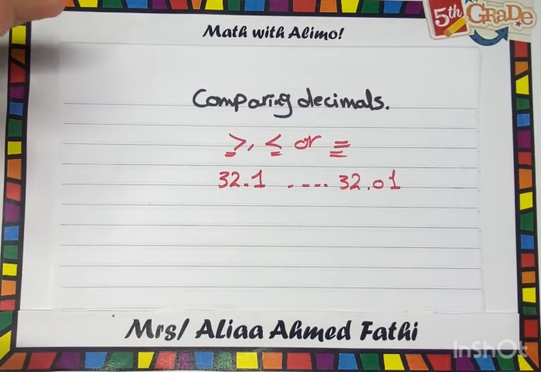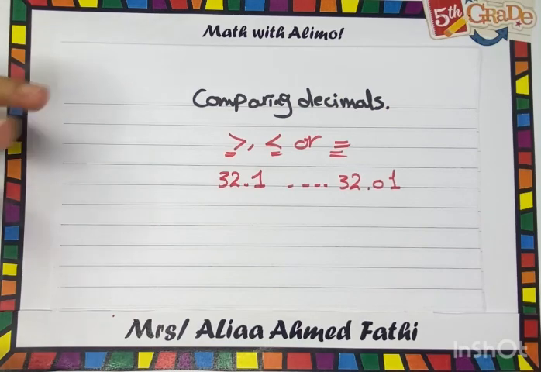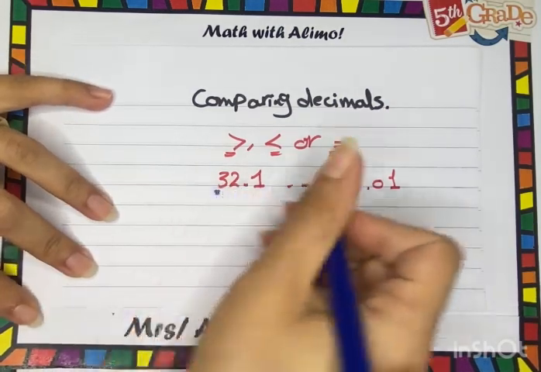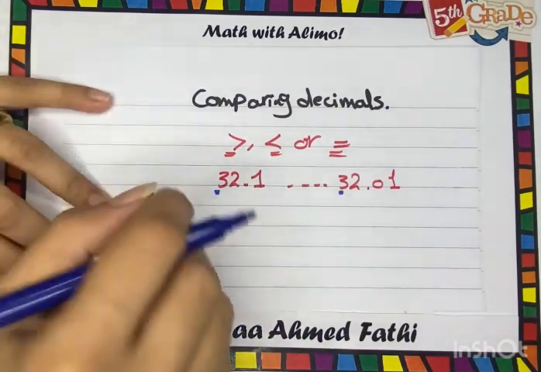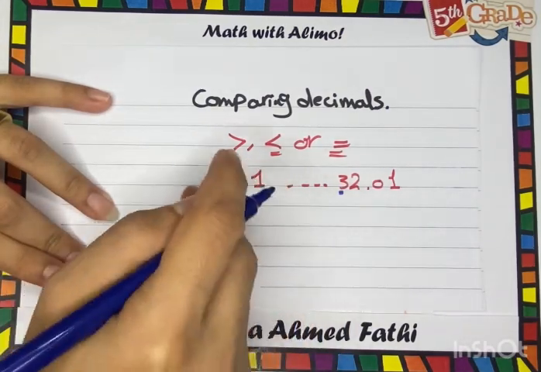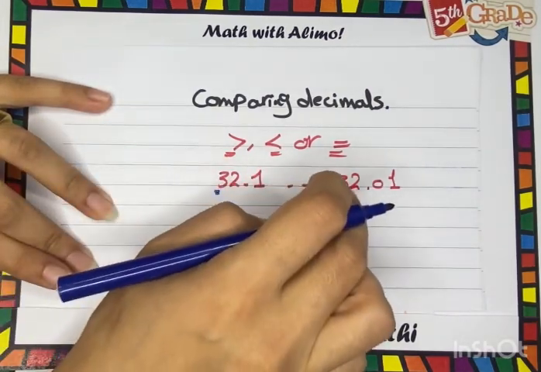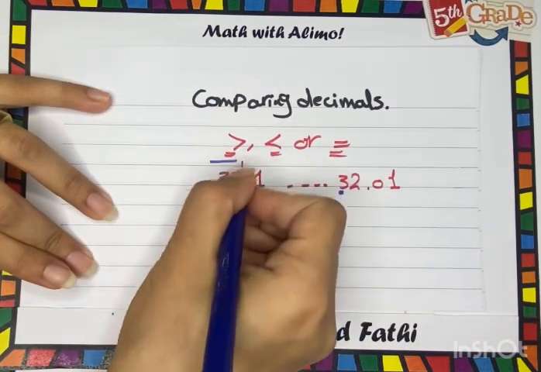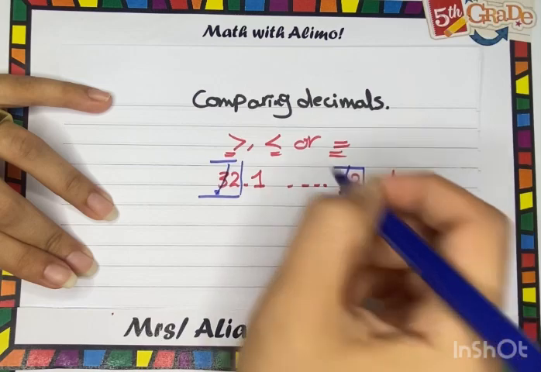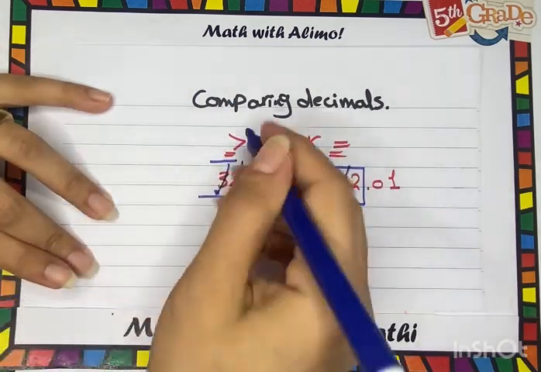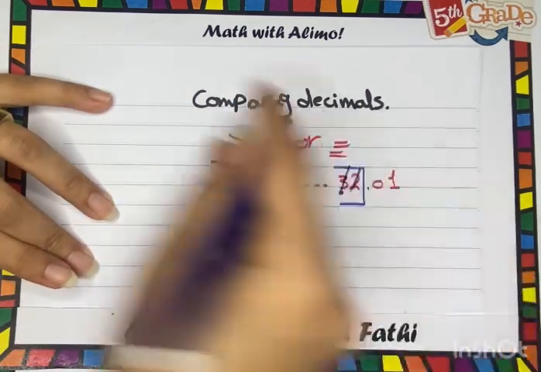To compare between these two numbers, we have to start with the digit in the greatest place value. We compare from the whole side, okay? So we have 3 in tens and we have 3 in tens. Here we have 32 and there we have 32. 2 in the ones and 2 in the ones.